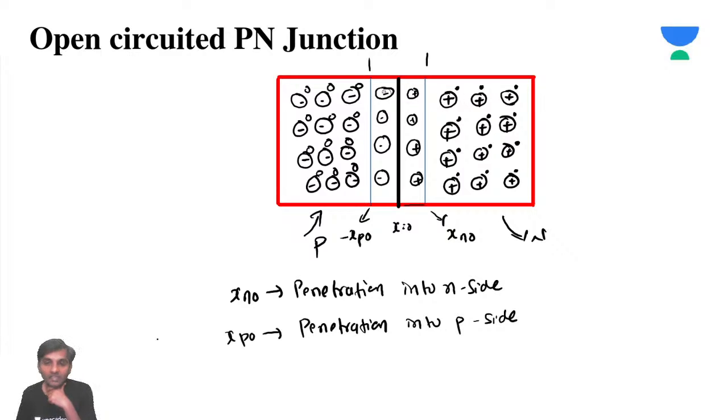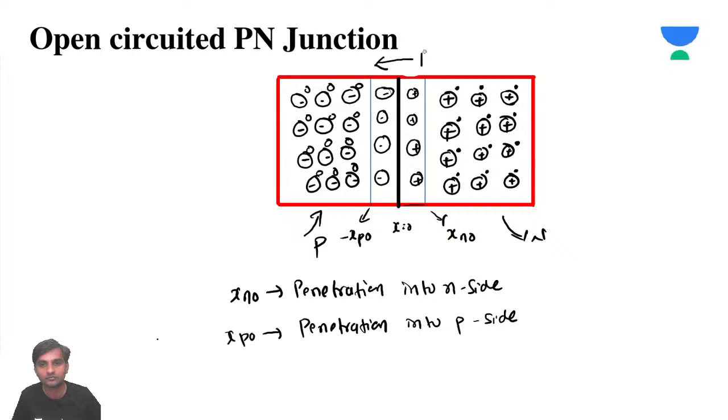So the electric field exists because of these two immobile ions, from xn naught to xp naught. What will be the direction of the electric field? The electric field direction will be in this direction.